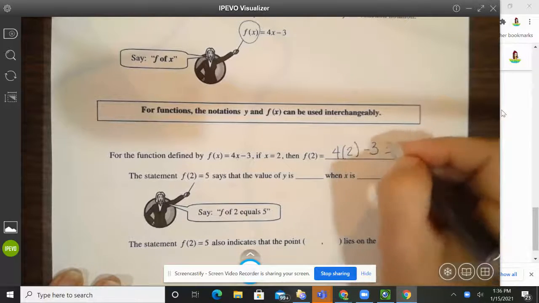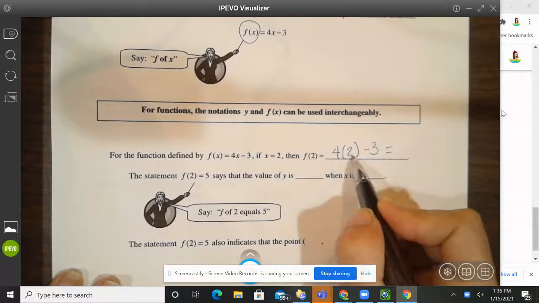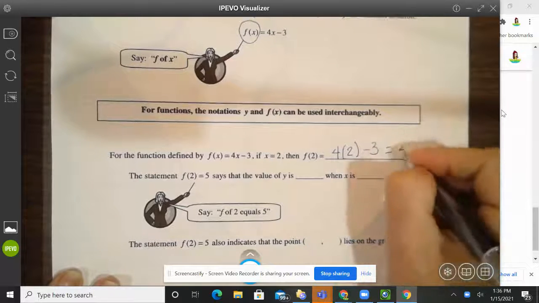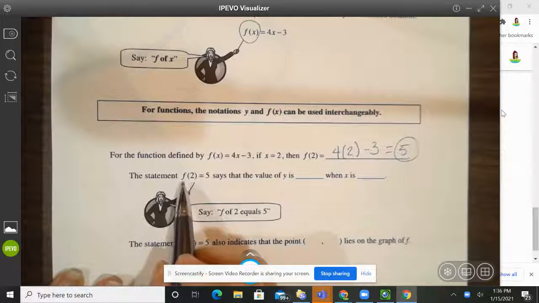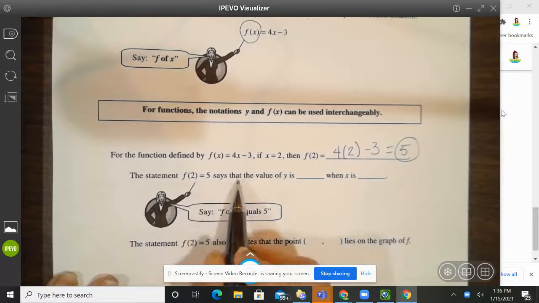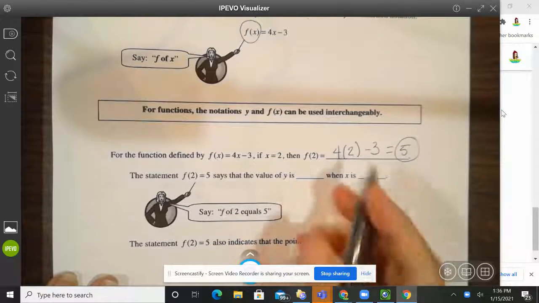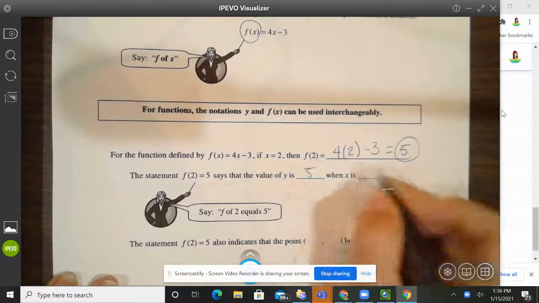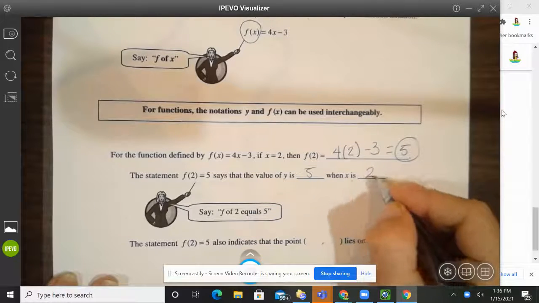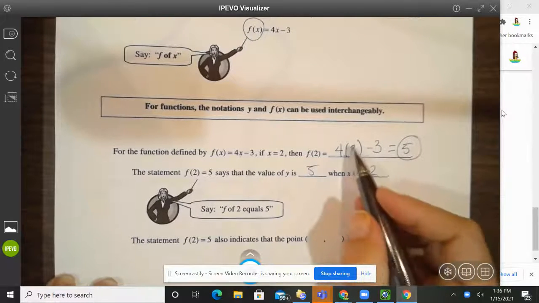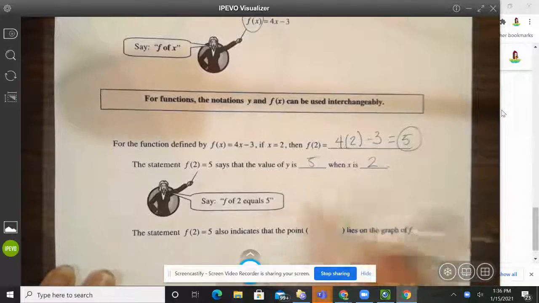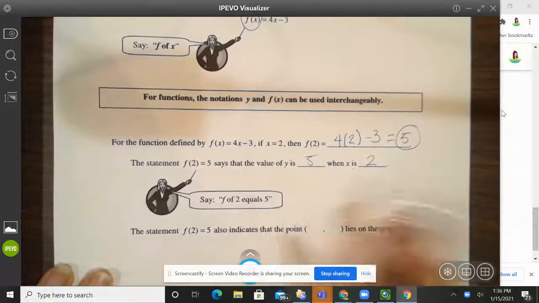Let's find it. 4 times 2 is 8, minus 3 is 5. See? So f of 2 equals 5 says that the value of y is 5 when x is 2. We plugged in that 2, and we got 5.